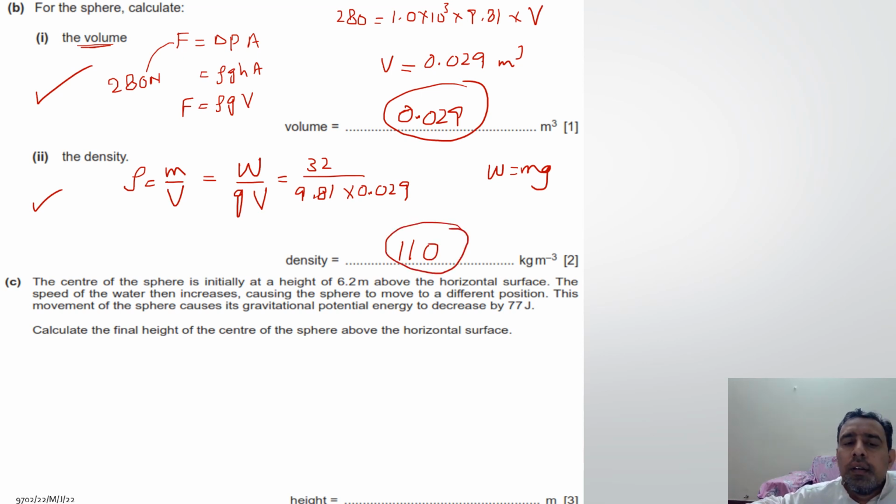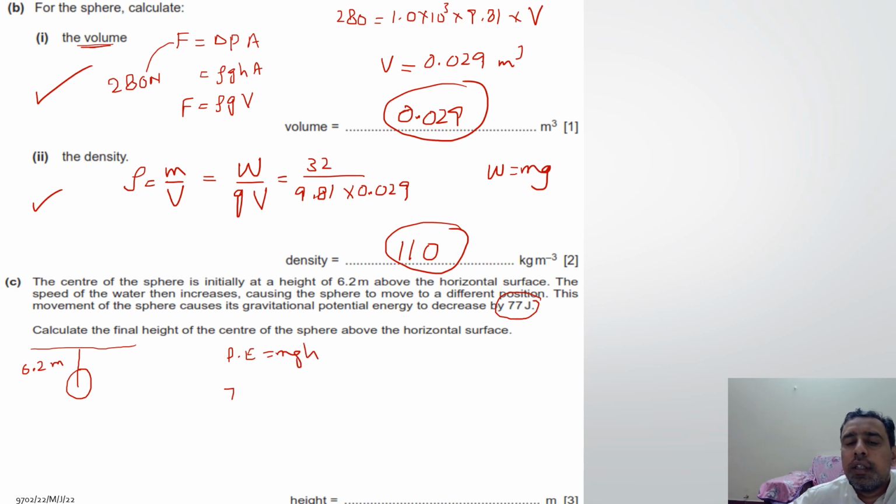So this part shows that the center of the sphere is initially at a height of 6.2 meter above the horizontal surface. So if we draw a diagram like this, this is the sphere, and from center of sphere to the top surface the height is 6.2 meter. But for new gravitational potential energy, you know the relation potential energy is equal to mgh.